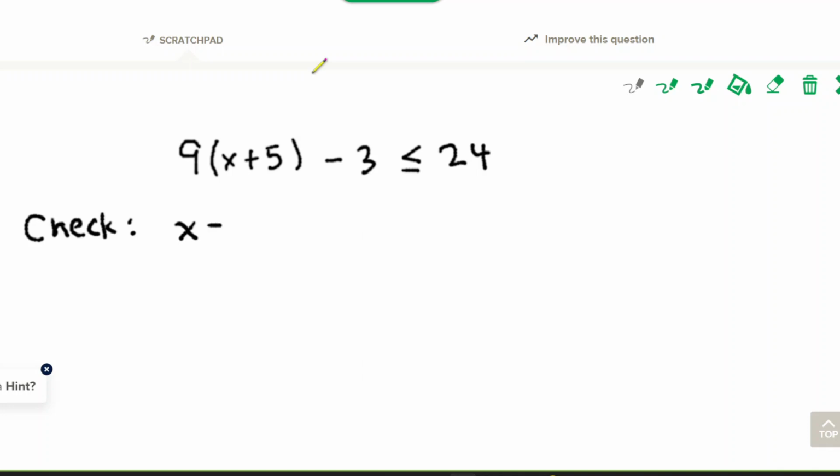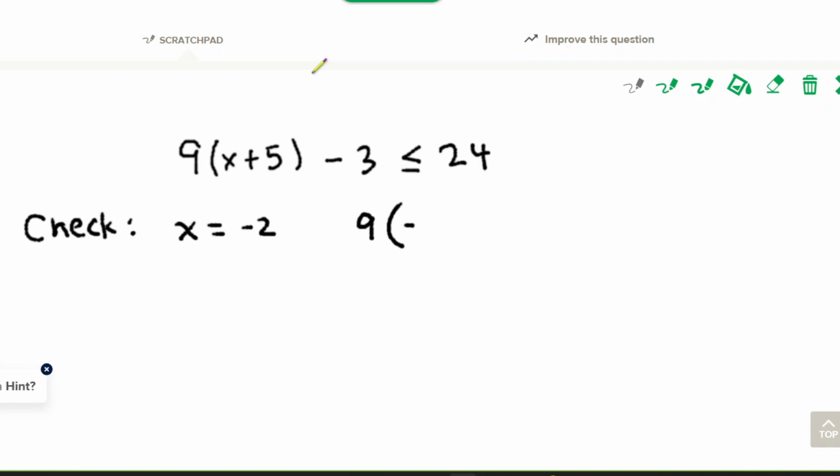All right, so first x equals -2. I'm going to plug that in. 9 times, and then x is replaced by -2. Now, x is not being multiplied by any number other than 1, and it's not being raised to powers other than 1.